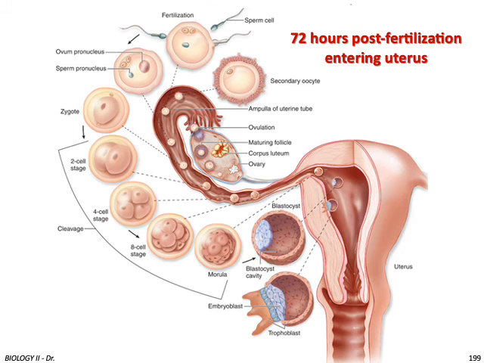Here you can see that 72 hours post-fertilization, the embryo enters the uterus to get implanted inside the wall of the uterus. So you can see that the sperm fertilizes in the upper third of the oviduct. The sperm migrate from the vagina to the uterus to the oviduct until reaching the first third of the oviduct to undergo fertilization.